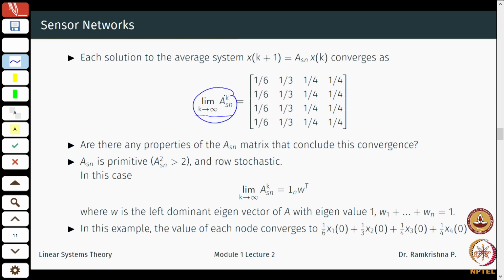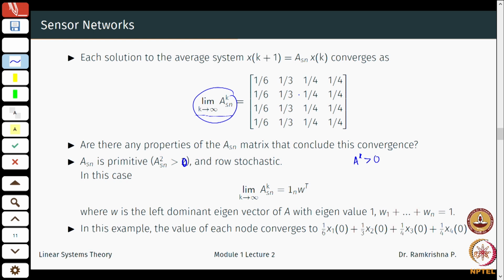Okay, we will not do the proofs or anything of this. First, let us read down the statements. If A is primitive, which means there exists a number k for which A power k is positive, which means all entries are positive.